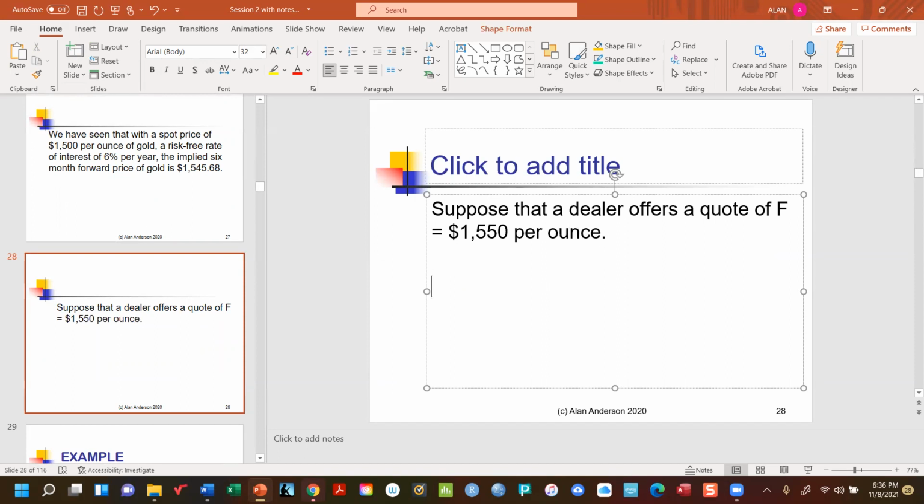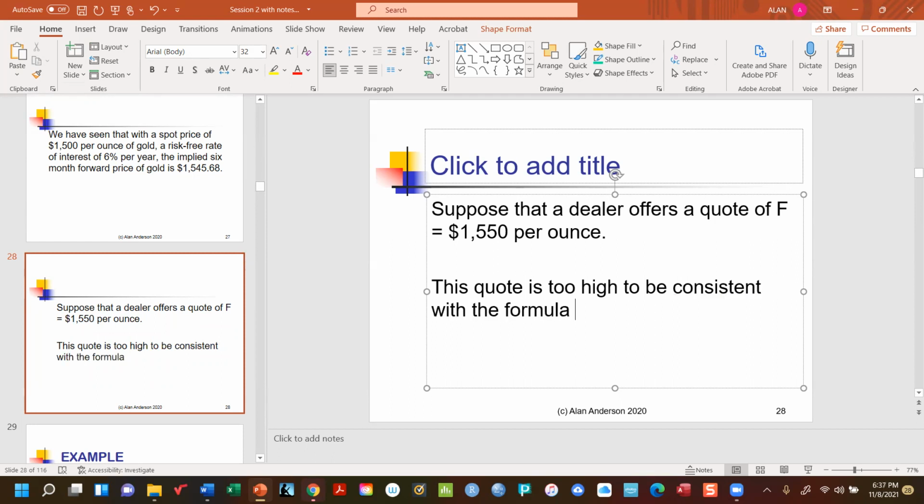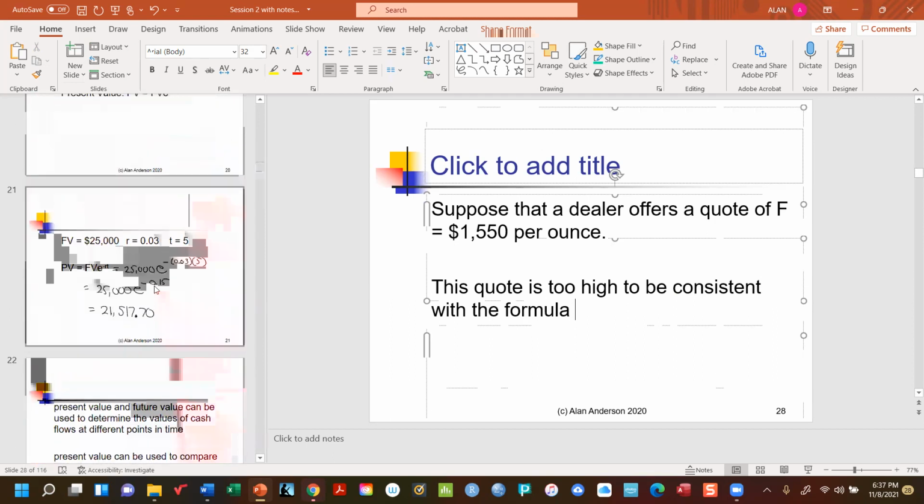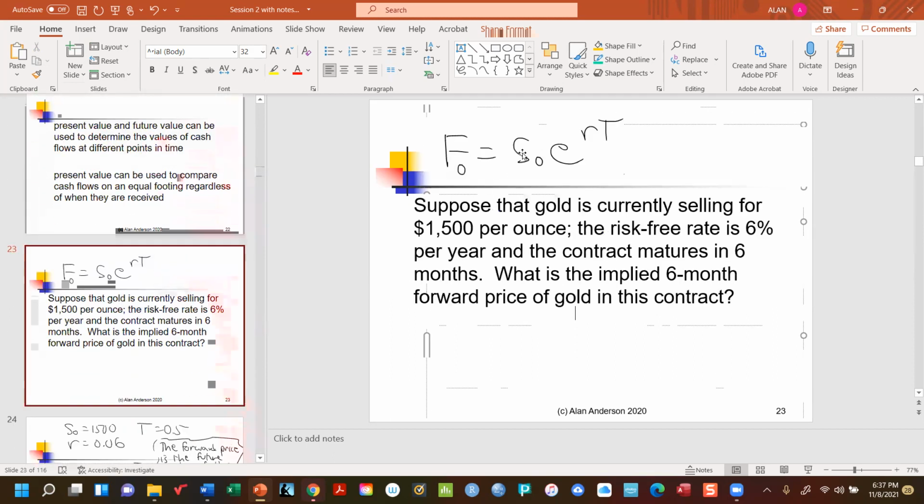Okay, in other words, this quote is too high to be consistent with the formula, here it is, this formula.